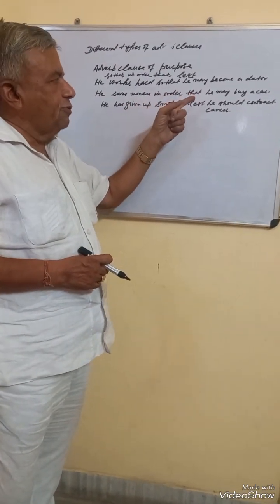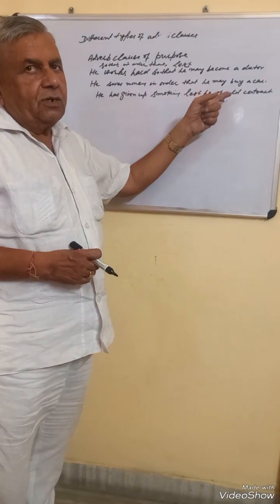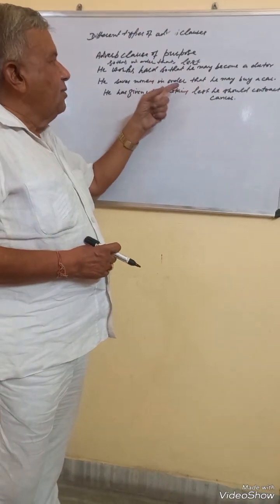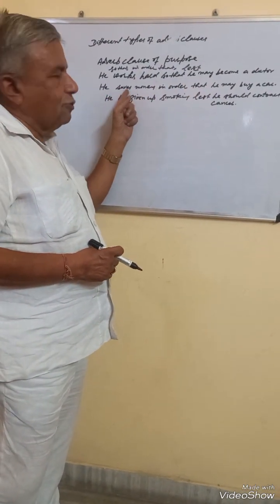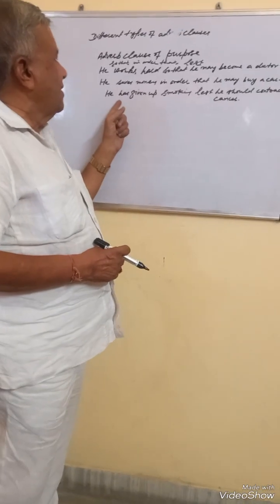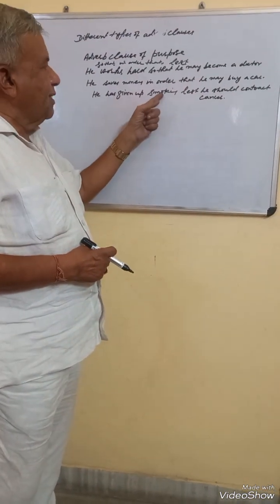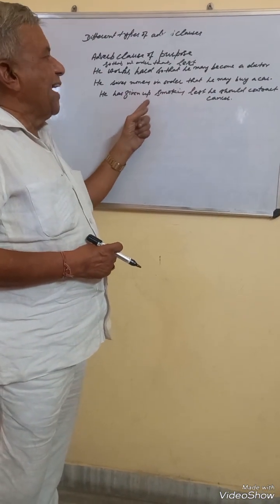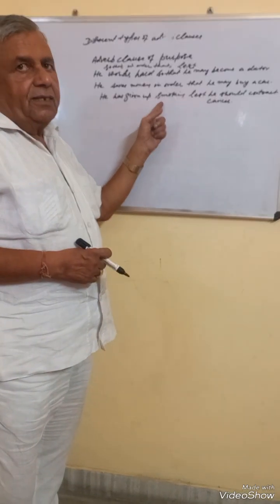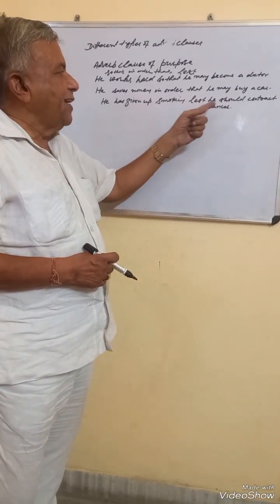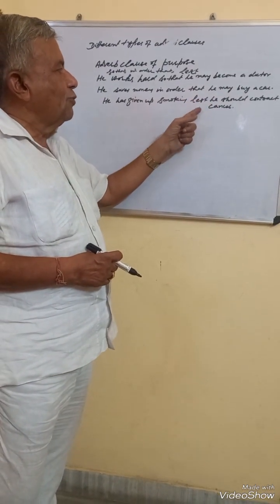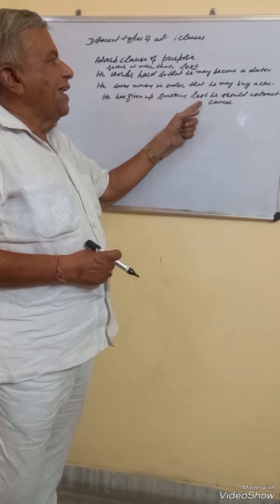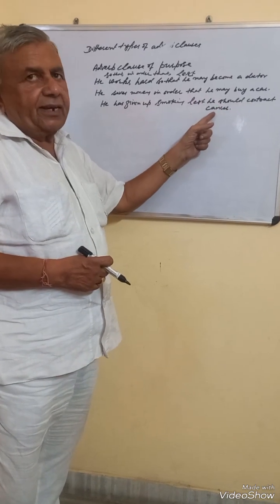This subordinate clause has no meaning of its own. It gathers meaning only when there is some main clause. And in the third sentence, he has given up smoking. So what is the purpose behind giving up smoking? This is explained by the subordinate clause beginning with the subordinate conjunction lest: lest he should contract cancer.